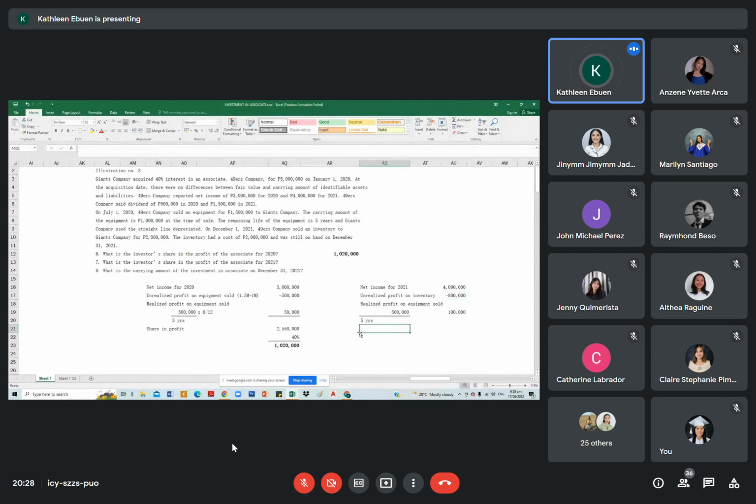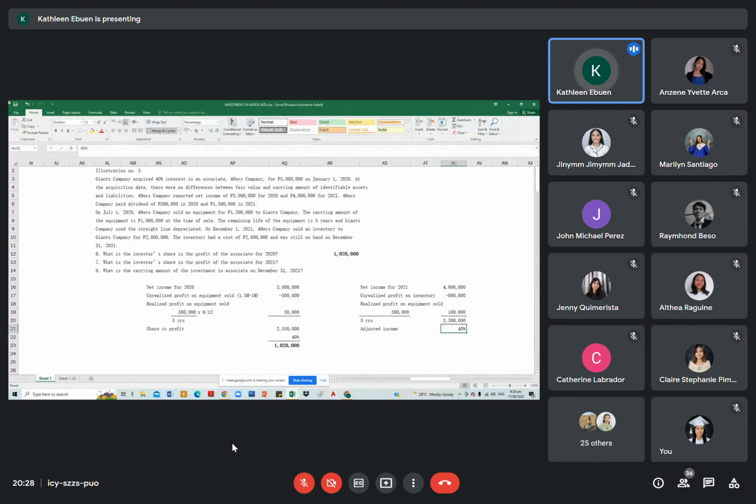Magkano to? 3,300,000. And then, i-multiply natin dun sa 40% acquired.